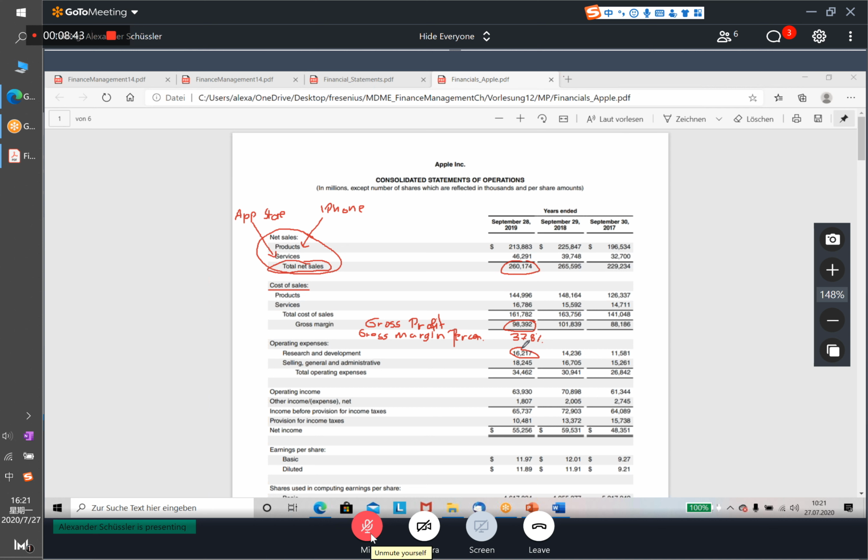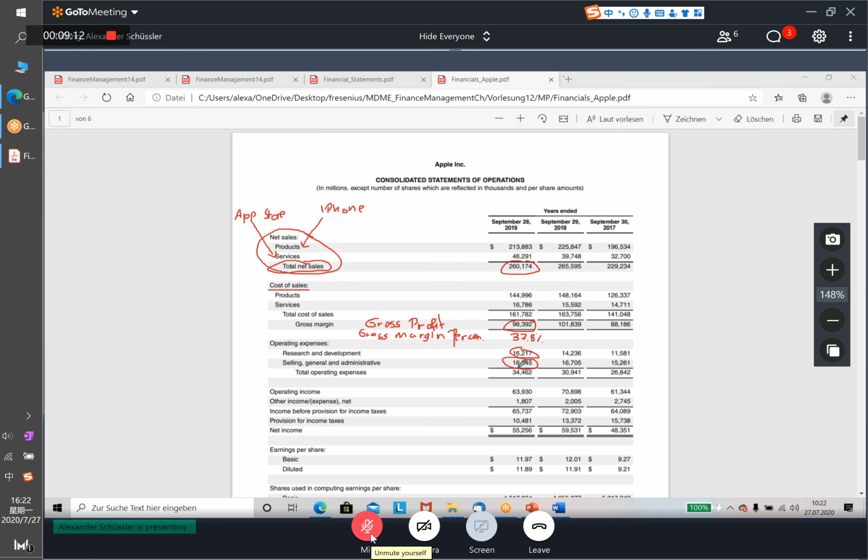Good. Then we have here what they call selling, general, and administrative expenses. What is this, for example? Any idea? Transportation expenses.